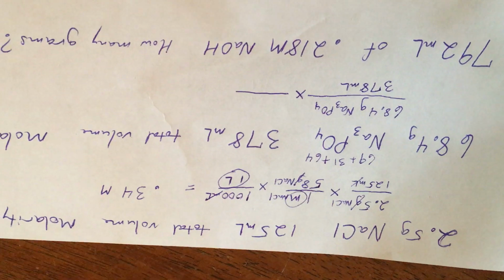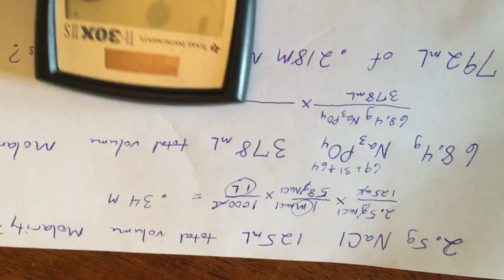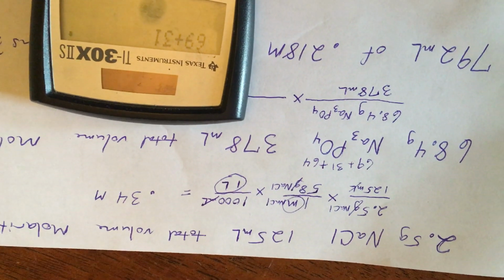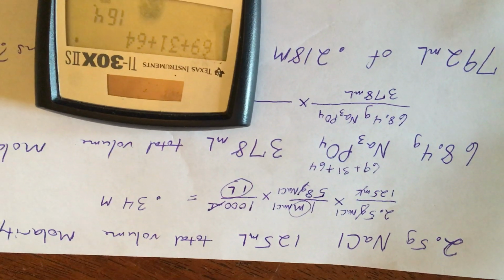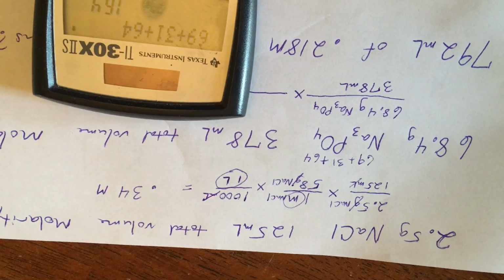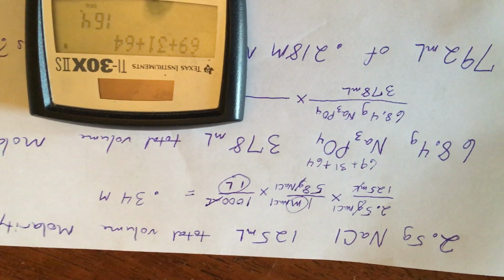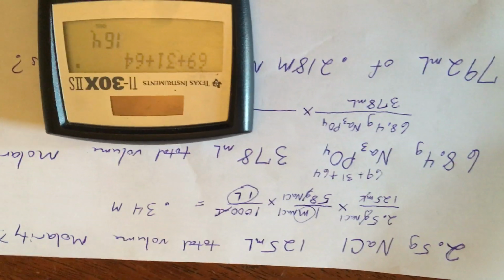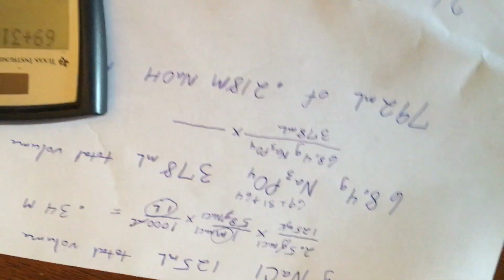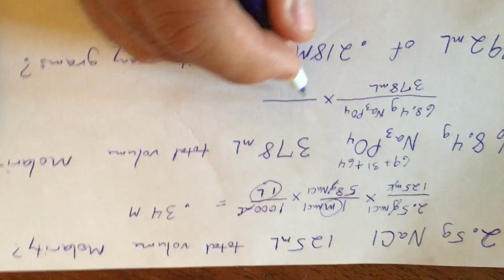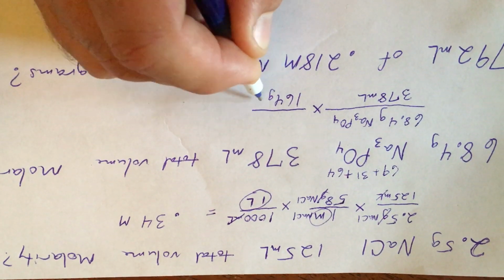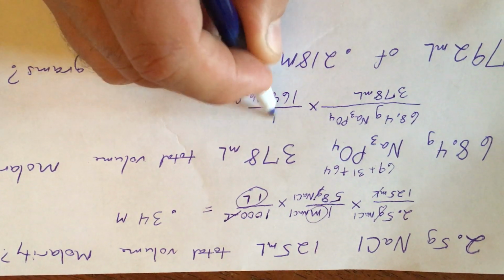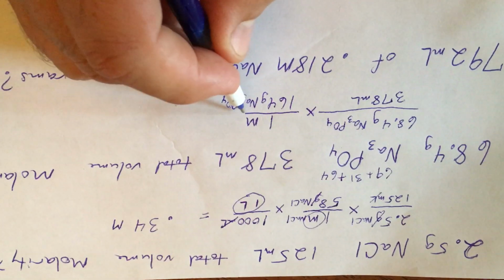So my molar mass there is going to be 69 plus 31 plus 64, which should be 164. Does that seem right there? 164. Let's see. This seems right. All right, so 164 grams of sodium phosphate for 1 mole of sodium phosphate.